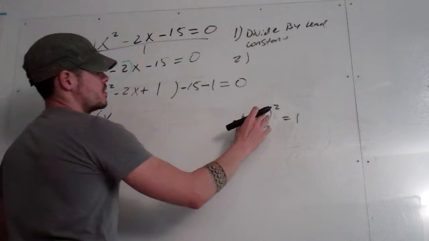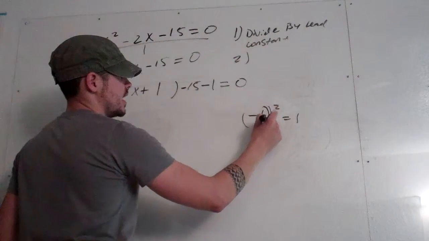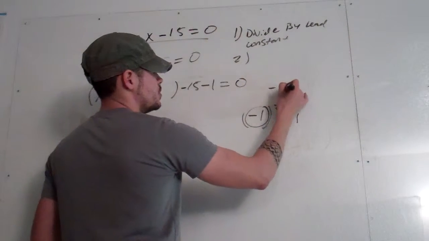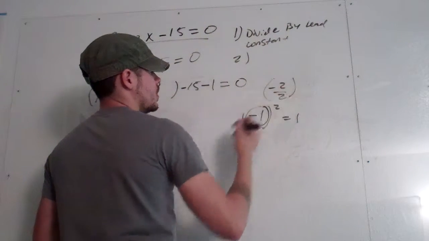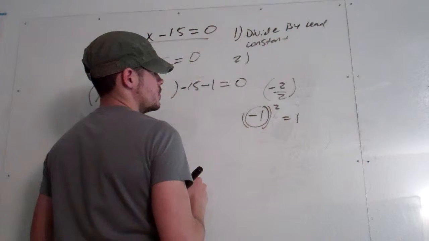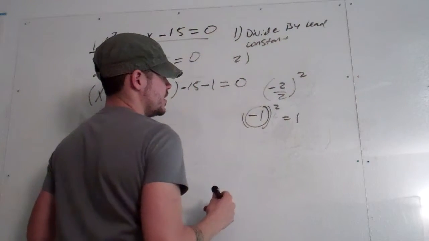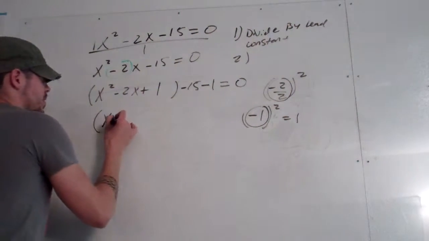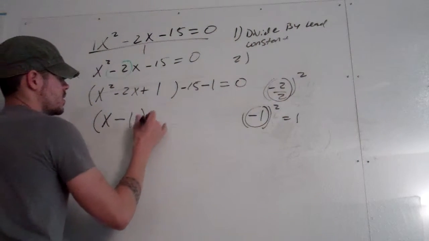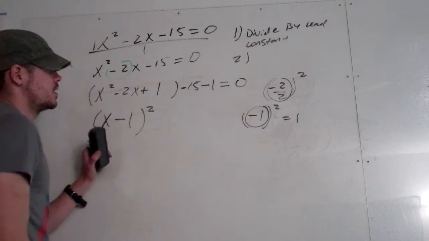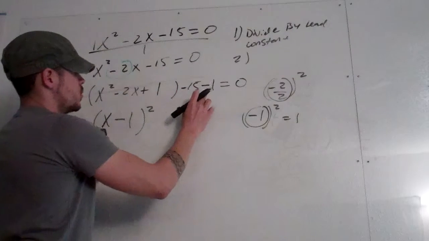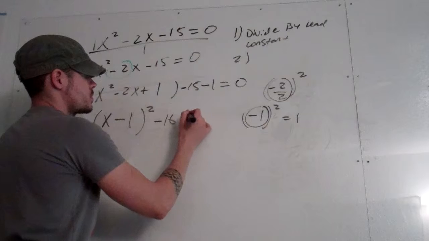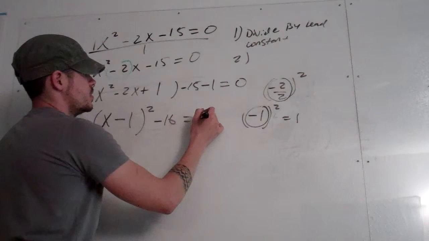And I'm going to take whatever's inside the parentheses. Remember, it was negative 2 divided by 2, squared. That's what it was initially. So we're going to take this, which is really just negative 1, and put it right here: x minus 1 squared. And then negative 15 minus 1 is negative 16, is equal to 0.